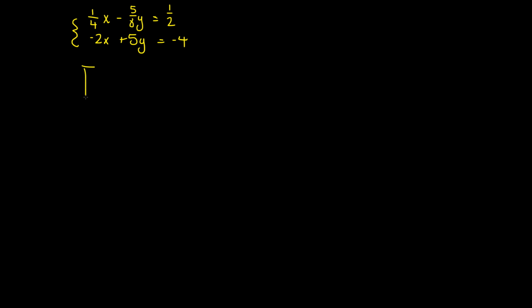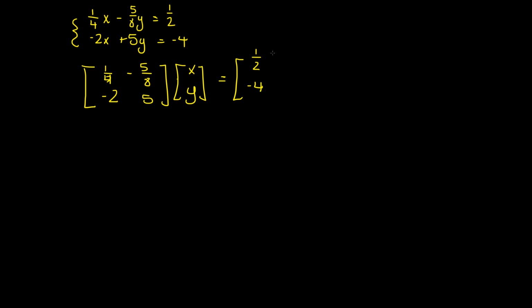It's not too bad for finding the inverse, so I'm going to do the inverse in this one by hand. I'm going to find the determinant first. I'm going to call this matrix A. You could do this in a calculator if you like.